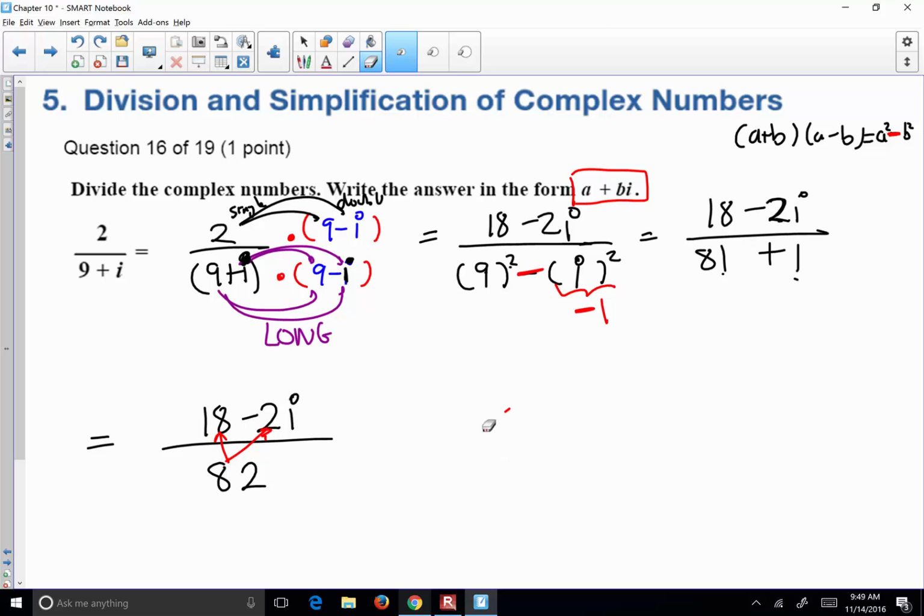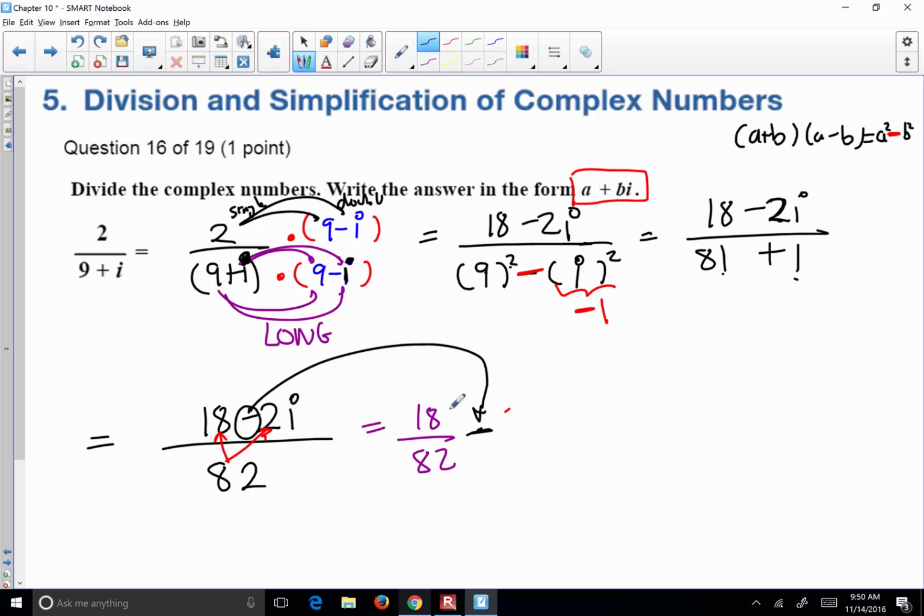So we got 18 over 82 in the first half. You get this. Second, you have minus sign, 2 over 82. And where does this i go? I like it at the very end.